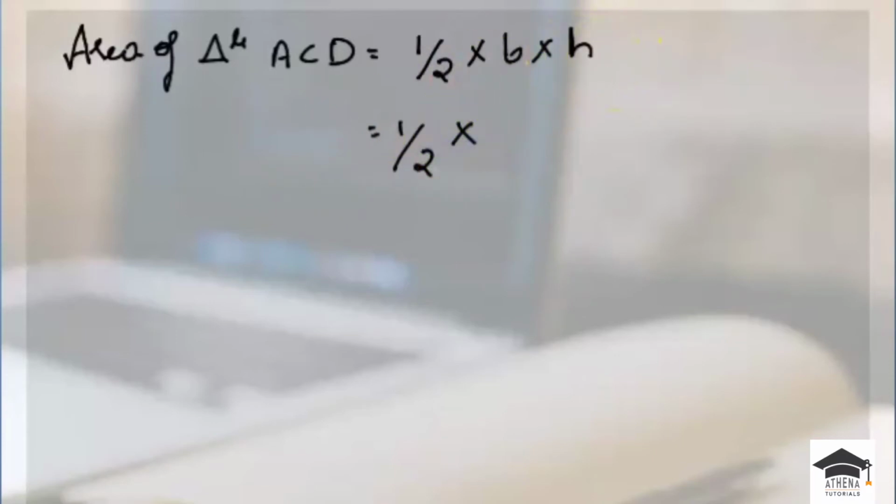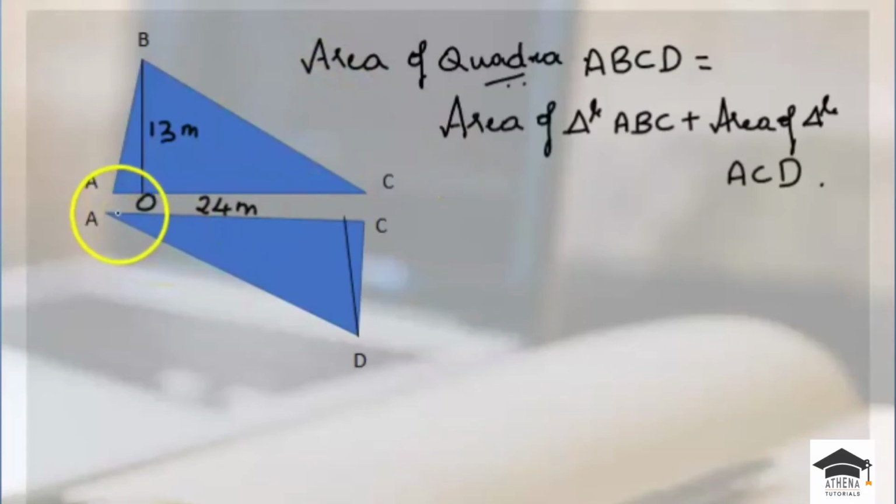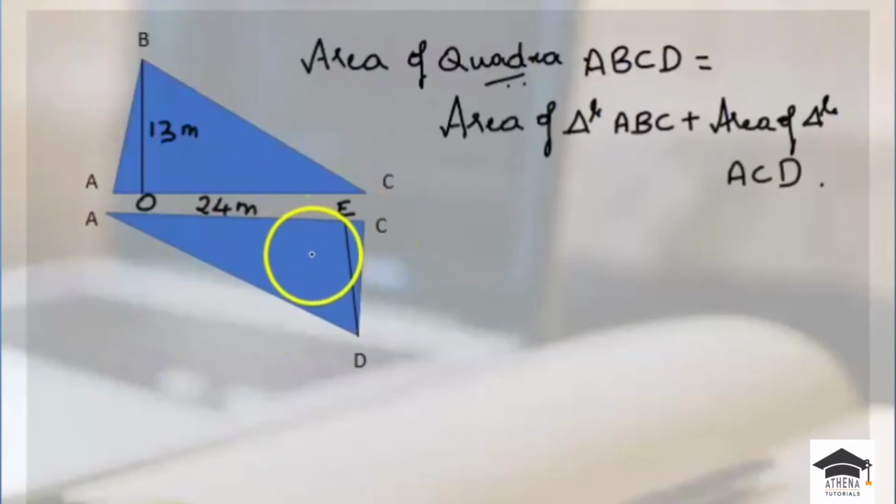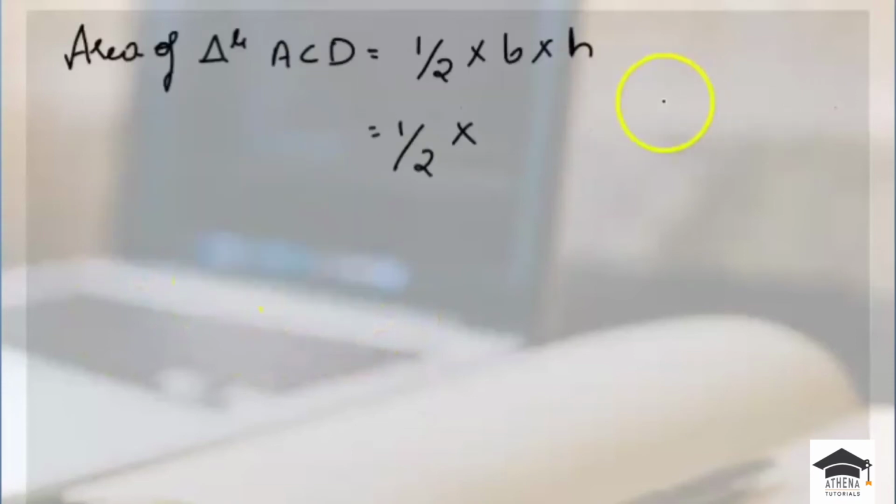Do we know the values of base and height? Let's check this in this figure. Base is nothing but AC, that is 24 meter, and the height D, I'll take it as E. Have they given? Yes, that is 8 meters. Let's substitute.